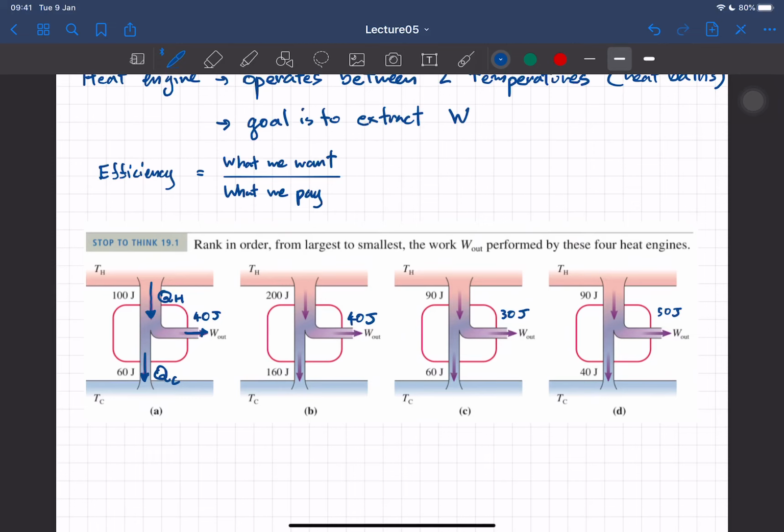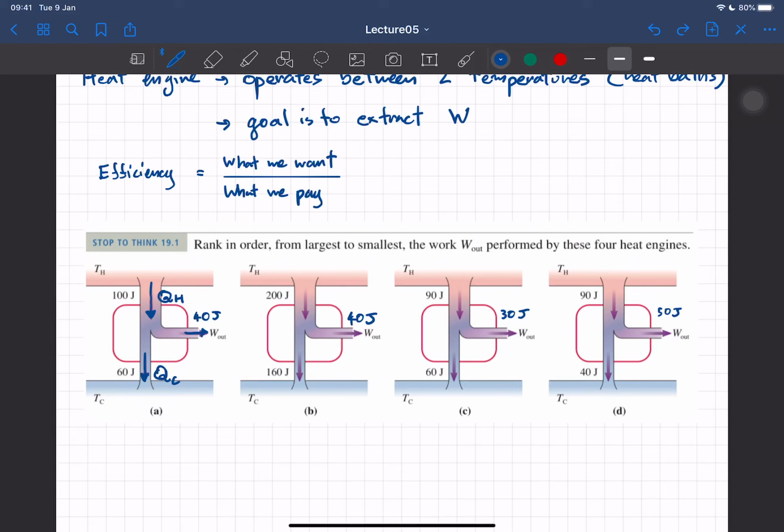You need to say, okay, what do you want? Well, you want a lot of bubble tea, and then how much do we pay? So you do this kind of comparison, and the one that has the best is where you get the most from what you pay. So that's going to be the best efficiency.